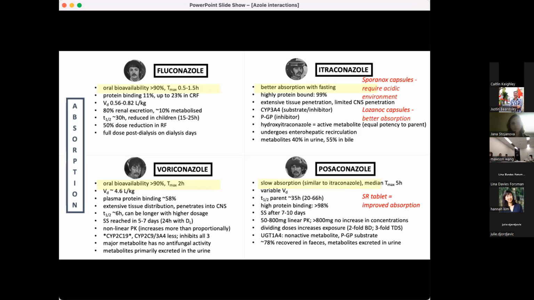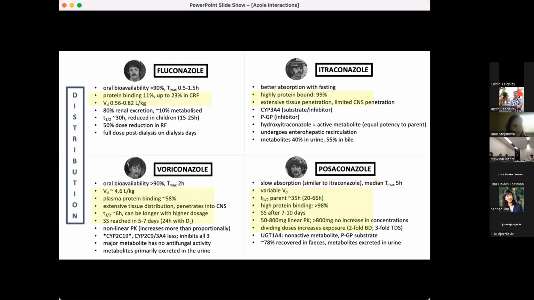There have been some improvements with these formulations that I mentioned, with posaconazole, the tablet, and a newer brand of tablets for itraconazole called Lozanoc. And notably, itraconazole absorption is enhanced by acidic stomach pH, particularly for the earlier formulations.